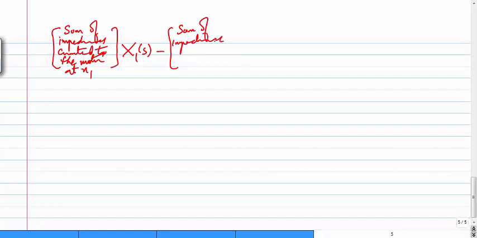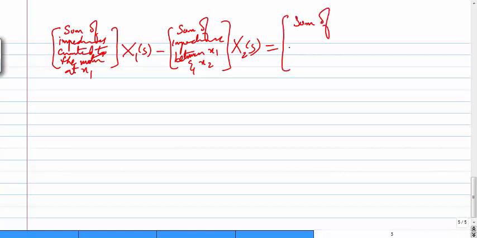Impedances mean that you have a damper and spring between x1 and x2, and put here x2 of s, then is equal to the sum of applied forces at x1.